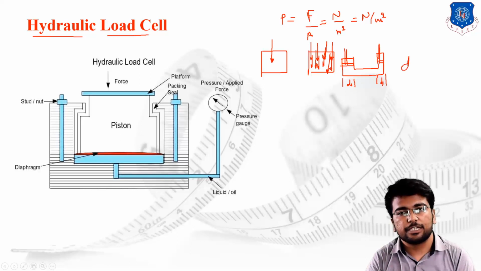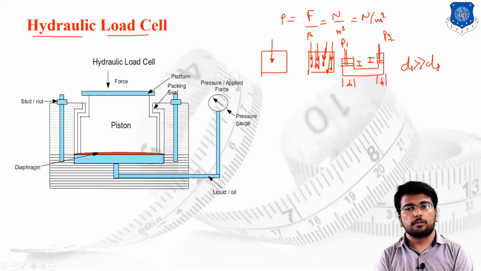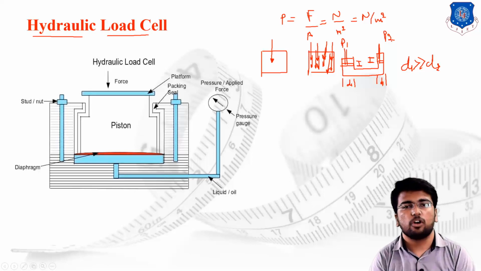D1 is very much higher than D2. Still, whatever the pressure is applied over here and whatever the displacement generated is exactly equal to the displacement generated over here, and the pressure will be exerted over the second end of the piston cylinder arrangement. This is the law of pressure.